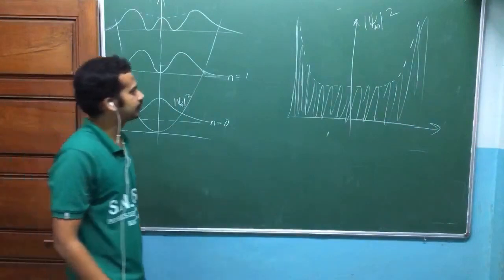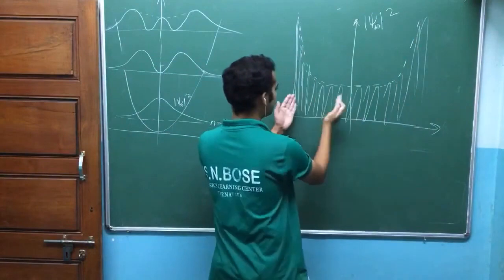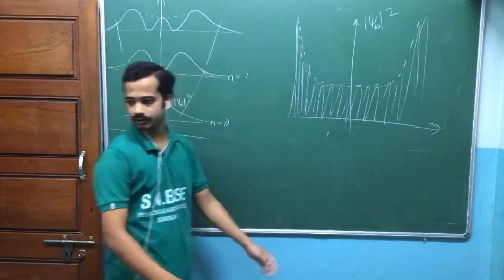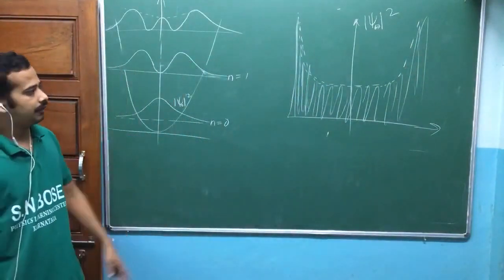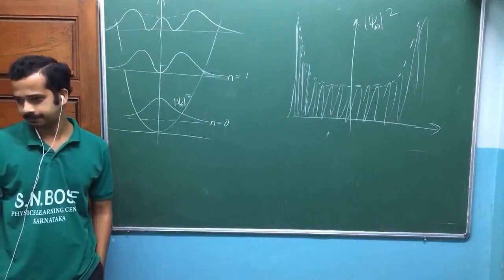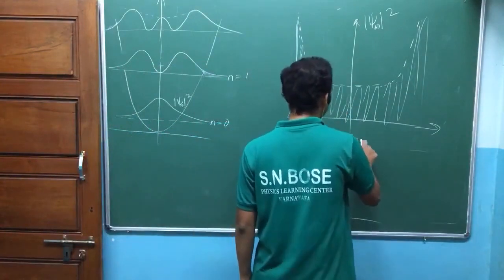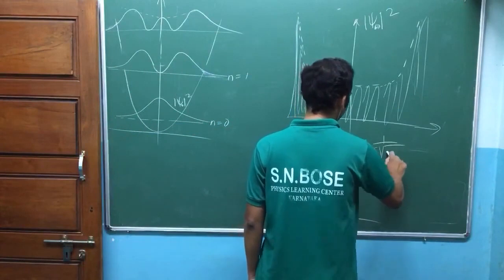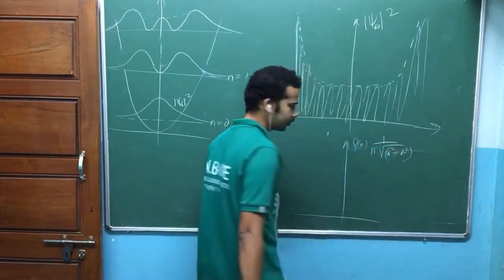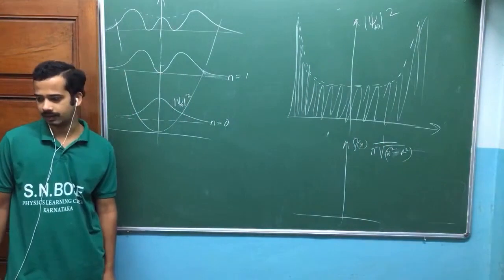Have you observed this kind of curve anywhere? Where you can't differentiate these peaks actually. When you make n very large, it seems almost continuous. Have you found this kind of curve anywhere in the first chapter? What was this one? Rho of x is equal to 1 by pi root of a square minus x square.